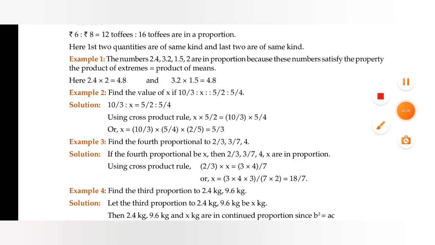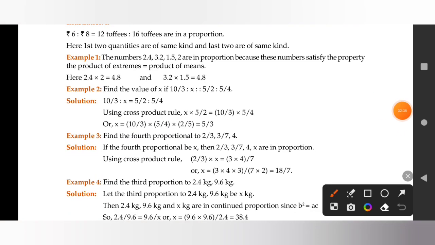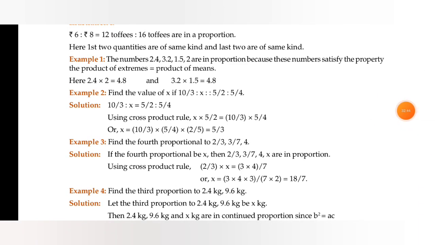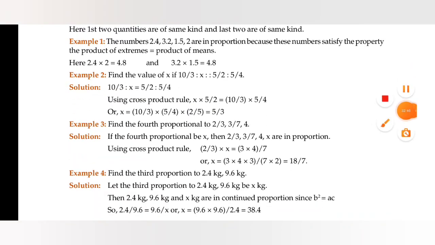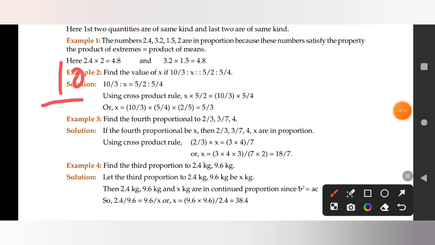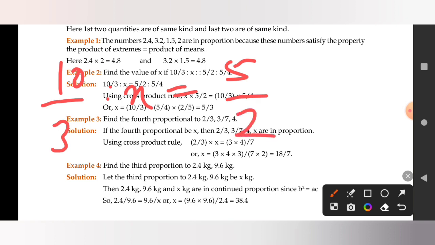Example 1. Find the value of x. If 10 by 3 is to x is equals to 5 by 2 is to 5 by 4.